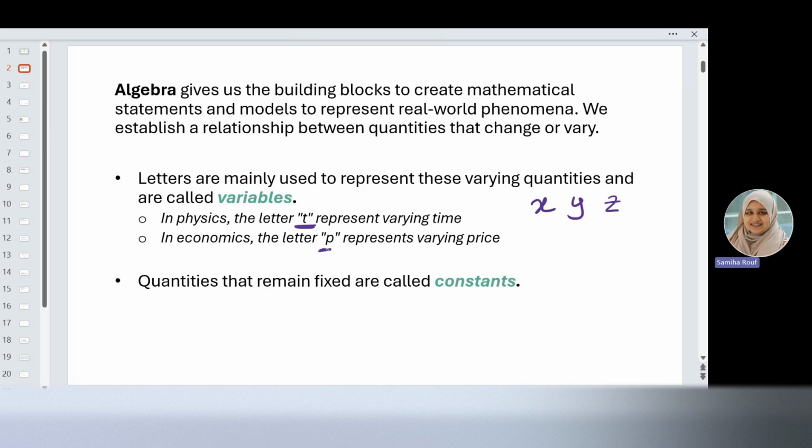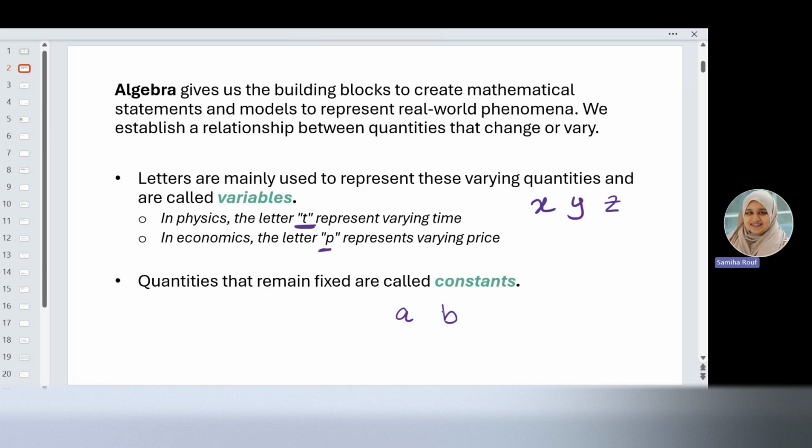The other type of quantities that we deal with are quantities that stay fixed in value, amount, or size, depending on what you're working with. These are always referred to as constants. Something you'll see later is that even constants can be expressed using letters, such as a or b. So it is important to recognize when a letter represents a variable and when it represents a constant.